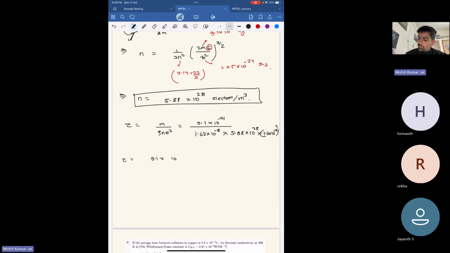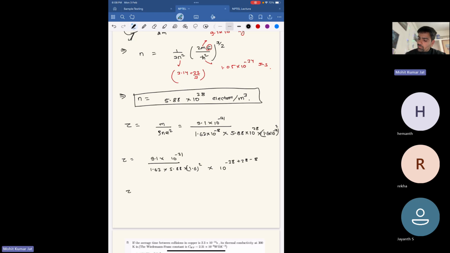9.1 times 10 power minus 31, over 1.62 times 5.88 times 1.6 square, and the power, if I solve, is minus 19 times 2, that is minus 38, plus 28, minus 8.